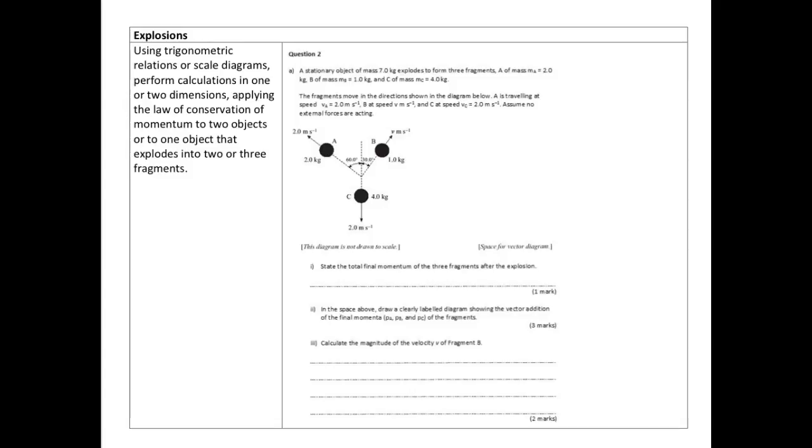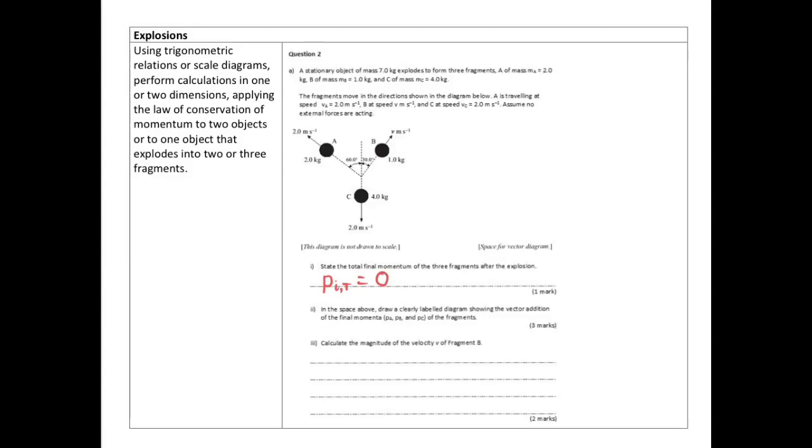Now, the first thing it asks us to do is to state the total final momentum of the fragments after the collision. Now, if we have a stationary object initially, it doesn't have a velocity, therefore an initial total momentum must be equal to 0.